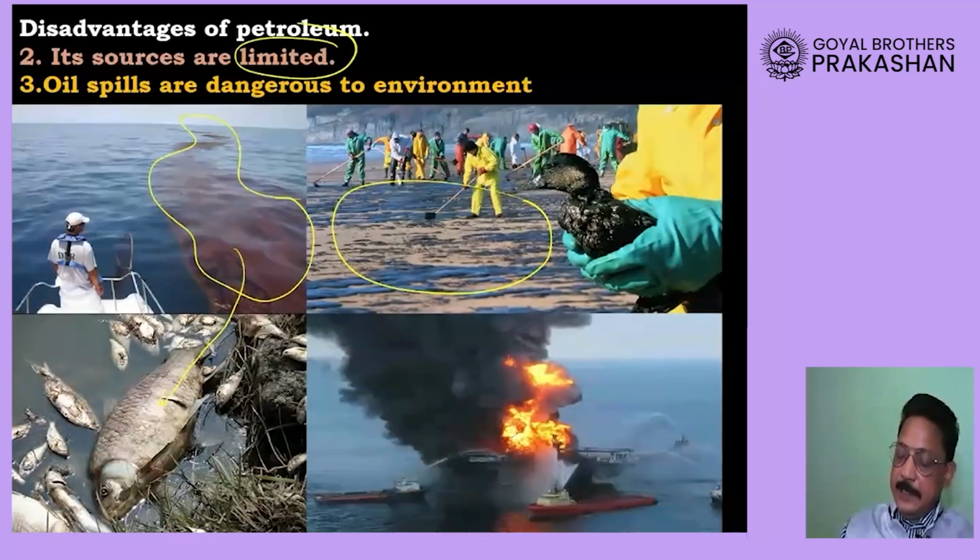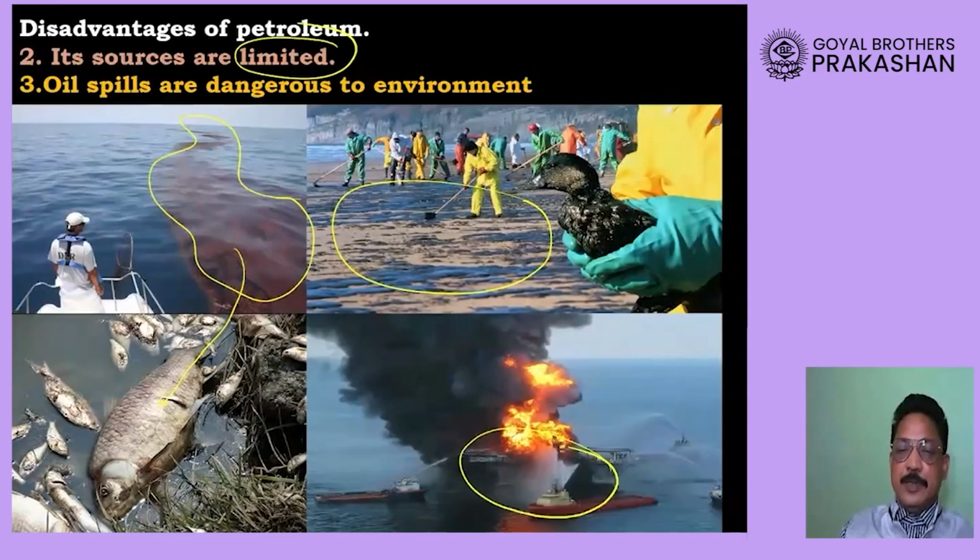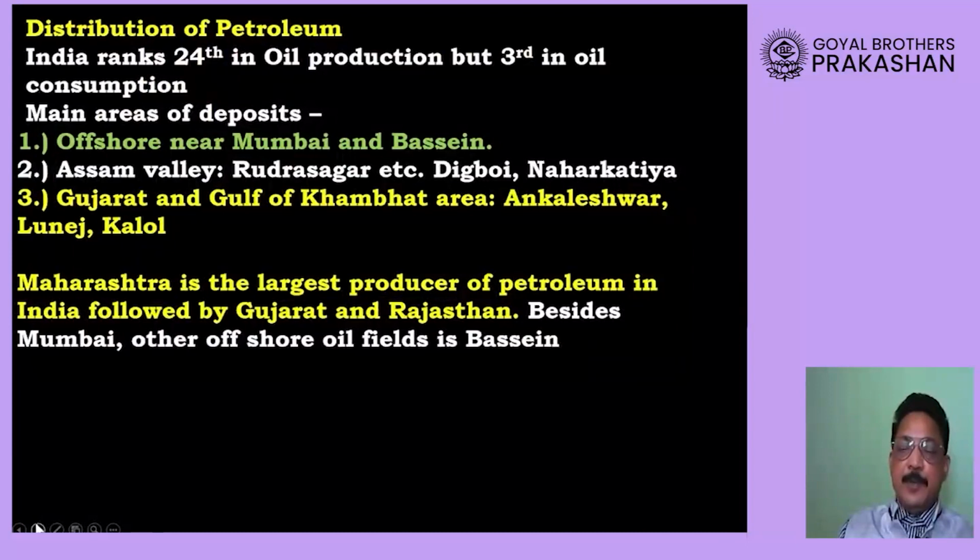Dangerous thing. As well as look, they catch fire. Oh my god, that is also resulting in tremendous environmental problems. And that is why we say there are a few problems associated with it.